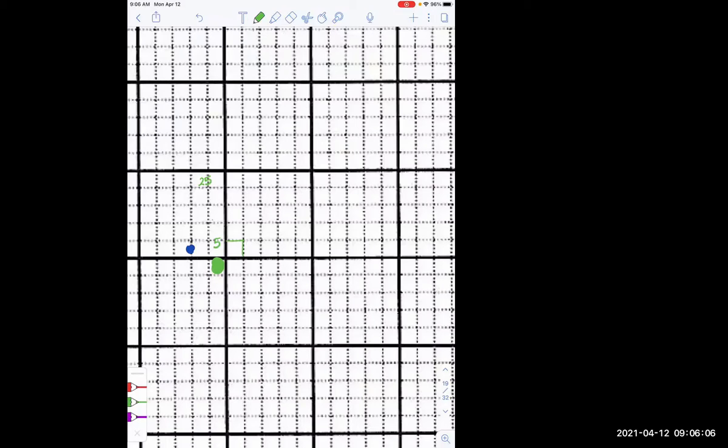So we have 5, 10, 15, 20, and 25. But I don't want 25, I am going all the way up to 40. So I have 5 again, which is 30, 5 again, which is 35, and 5 again, which is 40. So the height of this bar here would represent 40. Do you all see that?